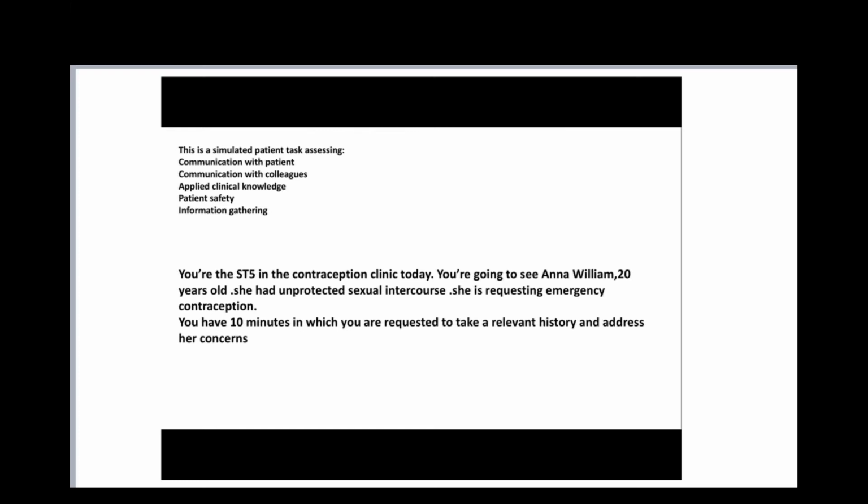It is usually better to start with the coil because they prefer it as the most effective method. And then you tell about the tablets.